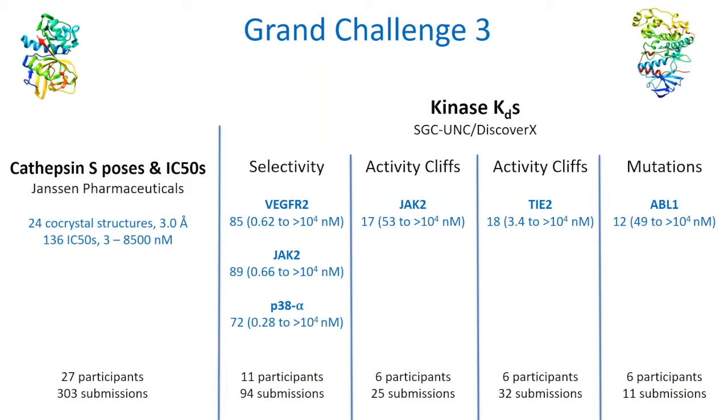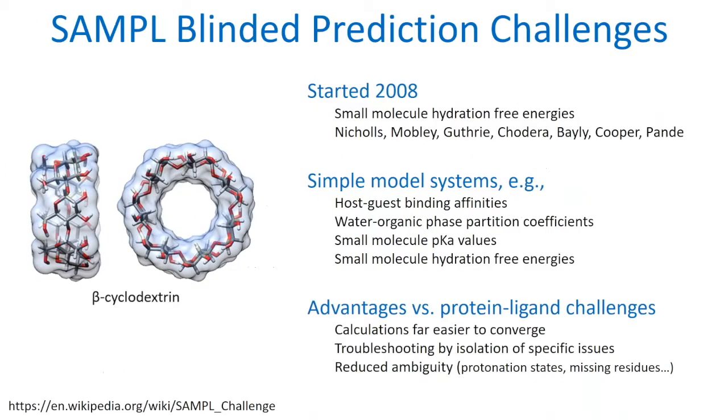And so this data set was actually designed in-house, and it was all focused on different kinases, looking at selectivity of different kinases, a couple of activity cliff data sets that were smaller, but where we saw that feature, and then another data set in ABL1 where there were actually mutations to the protein, and we could see how that affected binding affinities.